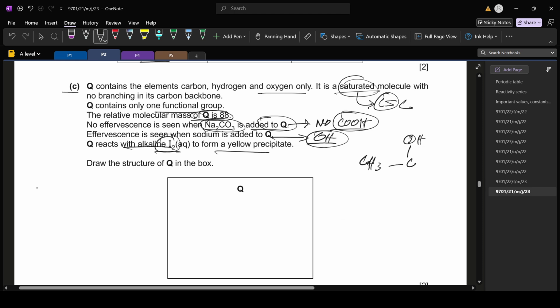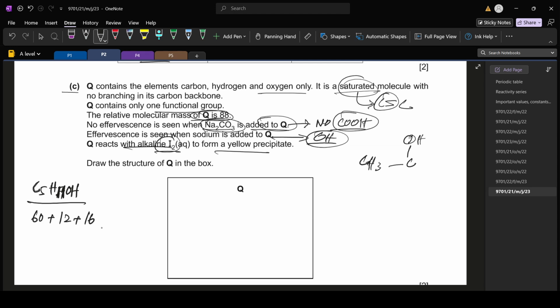So if I draw C5H11OH and calculate the Mr of this pentanol, so 5 carbons, so 60 plus 12 plus 16, you will get the Mr of 88.